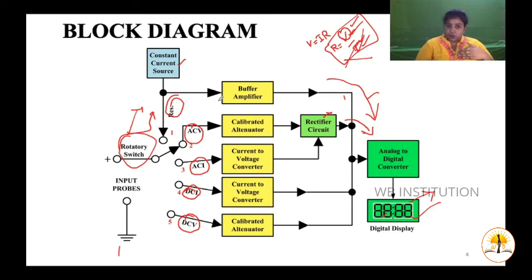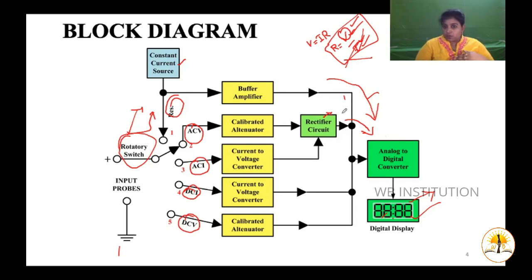Clear? So for AC, in order to measure your voltage, it is sent through the calibrated attenuator, and from that to a rectifier circuit where AC is converted into DC supply, and now DC is fed into your analog to digital converter.